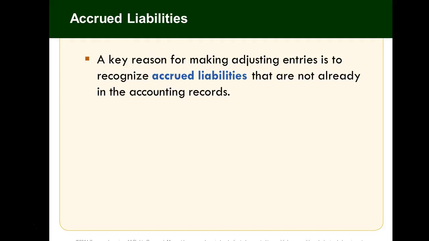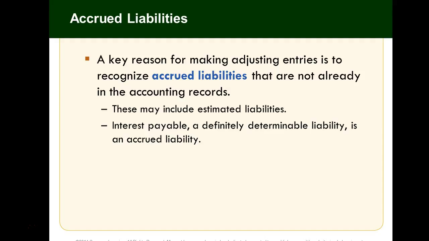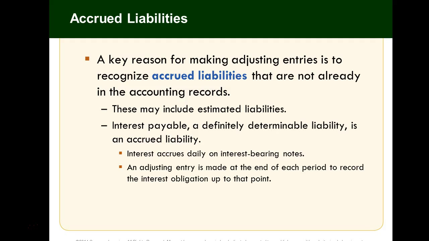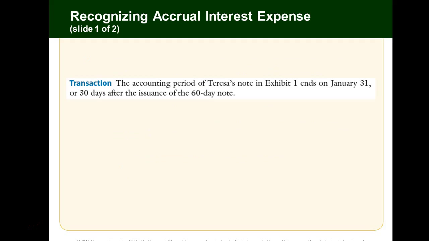A key reason for making adjusting entries is to recognize accrued liabilities that are not already in the accounting records. Some of these are going to include some estimated liabilities, interest payable, which we're going to exactly know how much we owe because we know how much interest accrues on a daily basis or weekly basis, so we can figure that out.